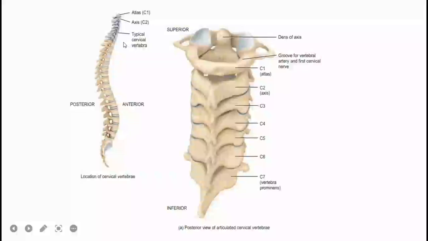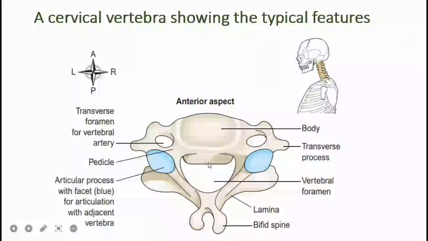The location of the cervical vertebrae along the vertebral column is at the most top or the proximal part. These are the remaining cervical vertebrae, and they have at least a spinous process with a typical feature, which is bifid or divided ends into 2.